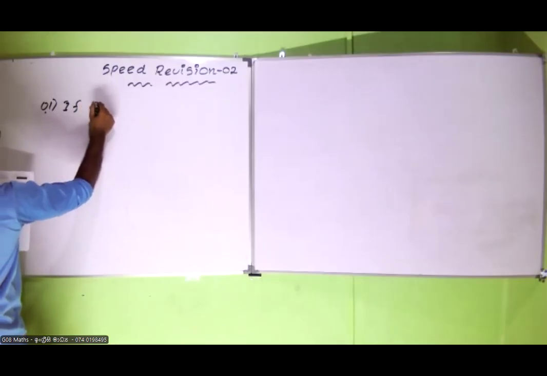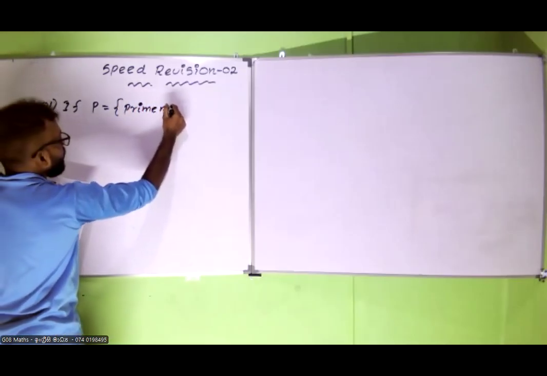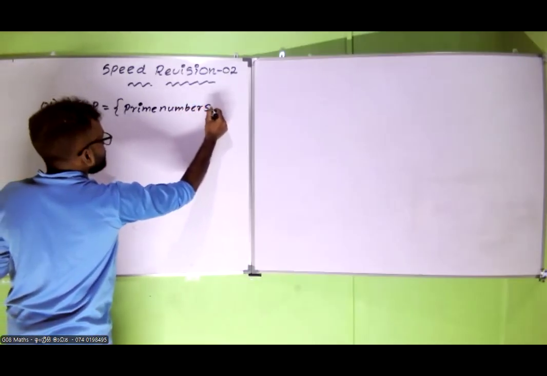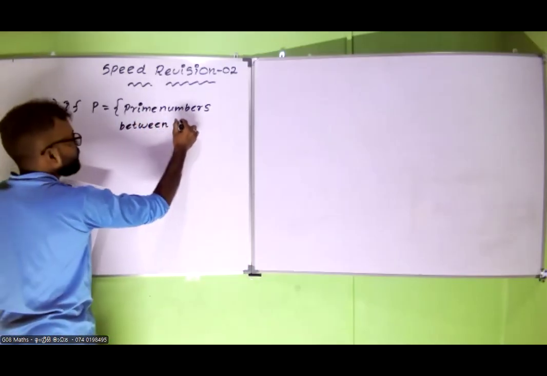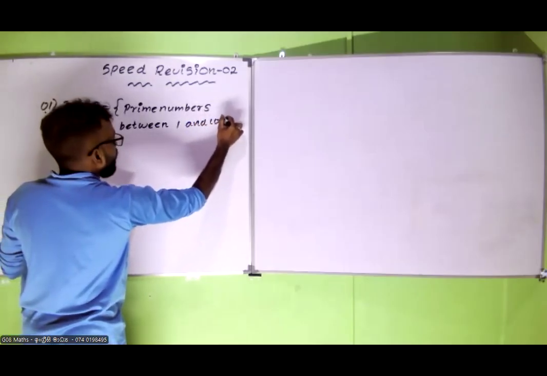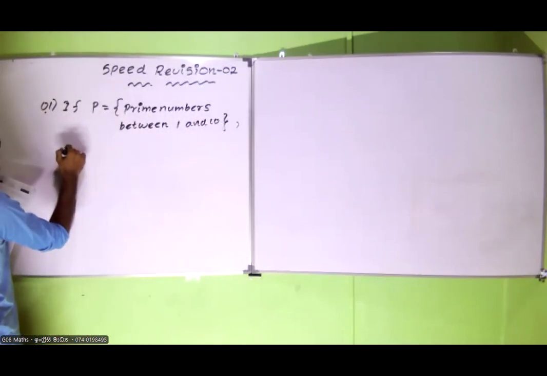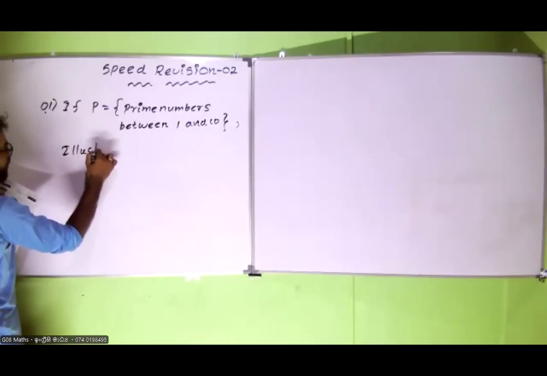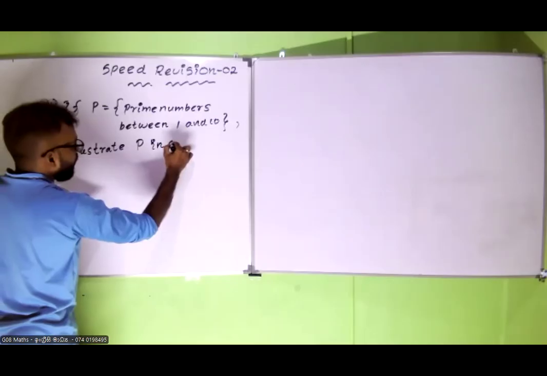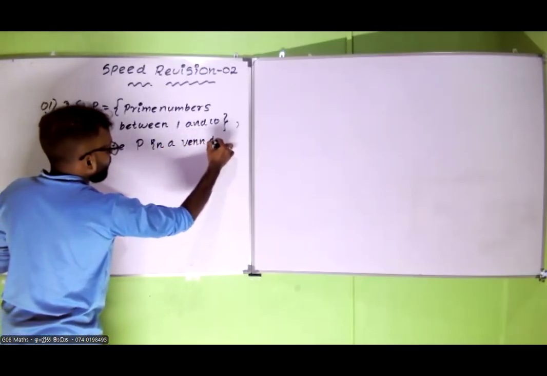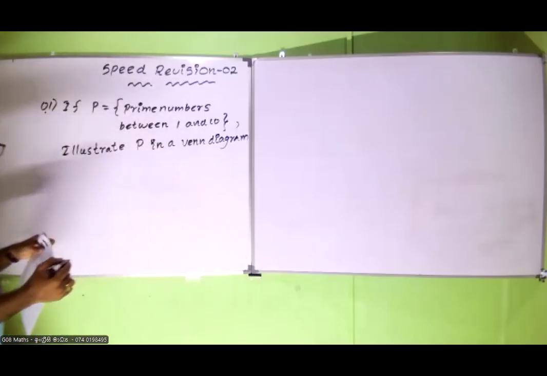If P equals prime numbers between 1 and 10, comma, illustrate P in a Venn diagram. Illustrate P in a Venn diagram.